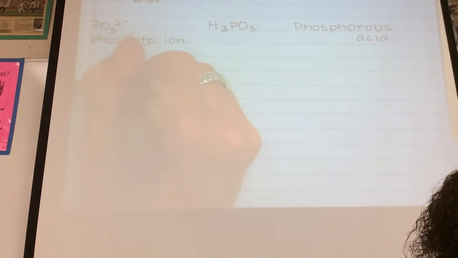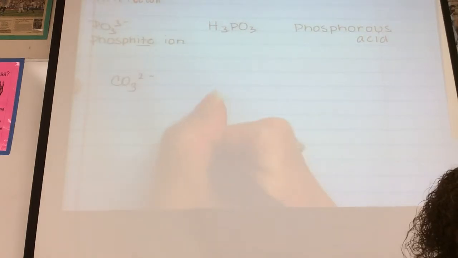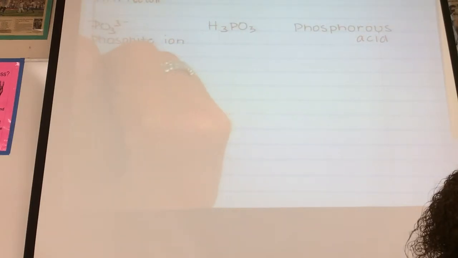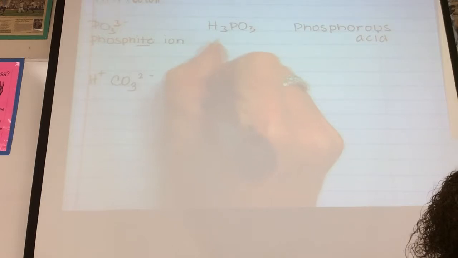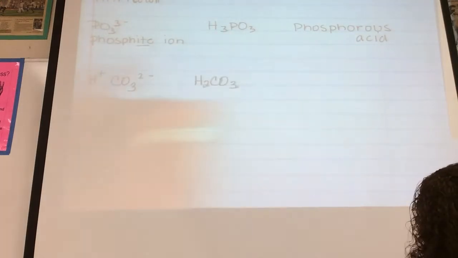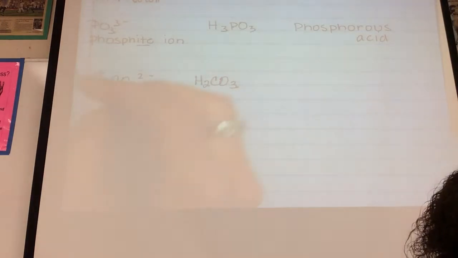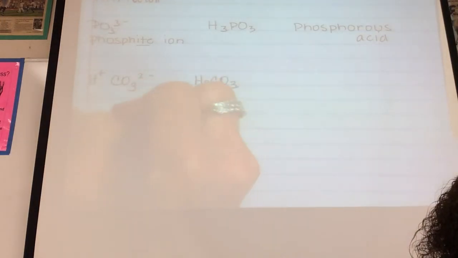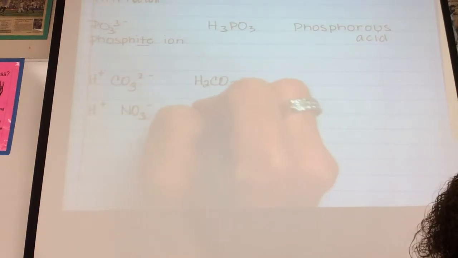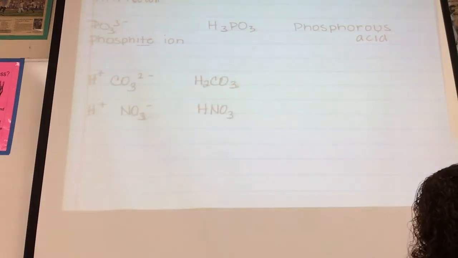So a carbonate ion, I'm going to pair it with proton and carbonic acid. I've got nitric acid. It came from ate. Nitrate. Pair it with the proton. Nitric acid, also a strong acid.